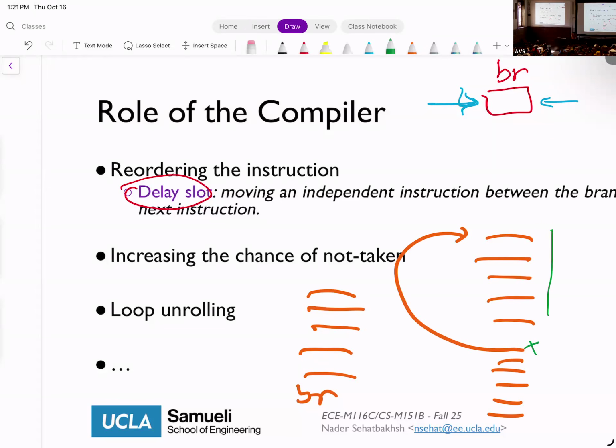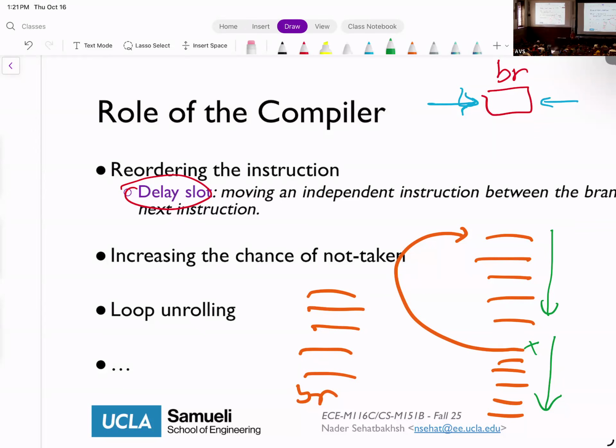Because I can just increase the size of the code and repeat the same sequence of instructions multiple times. Loop unrolling will help me with branch misprediction. So if I want to really optimize my performance, I increase the size of my code. So basically I increase the instruction memory a little bit, but as a result, the taken branch is basically gone, right? So you get benefit that way.